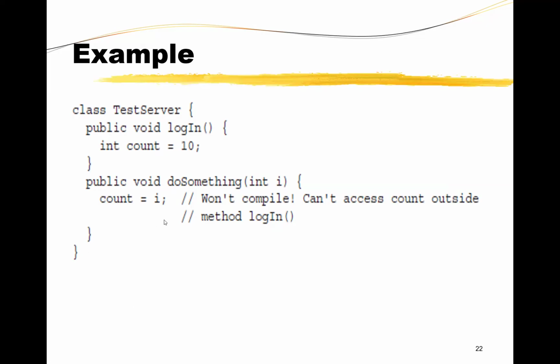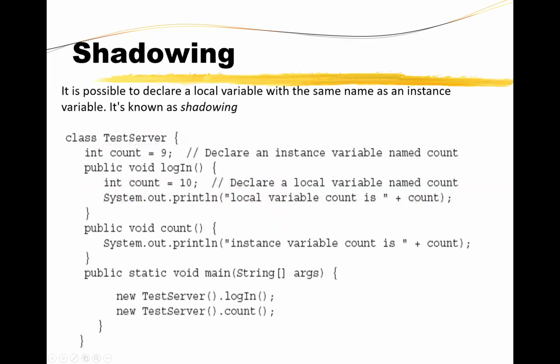That we have already discussed previously. And we have also discussed that if you use the same variable name for the local variable as well as the instance variable, that is what you call variable shadowing.